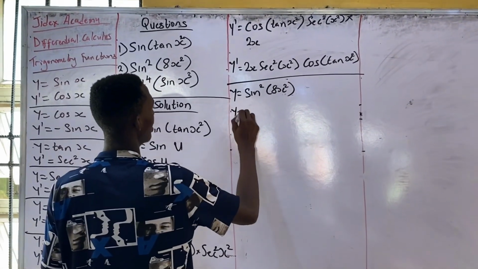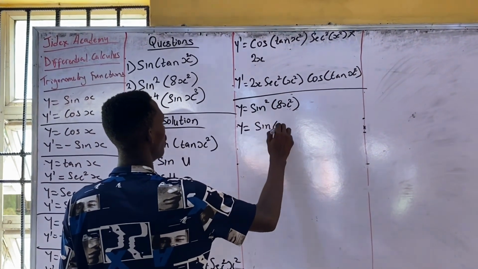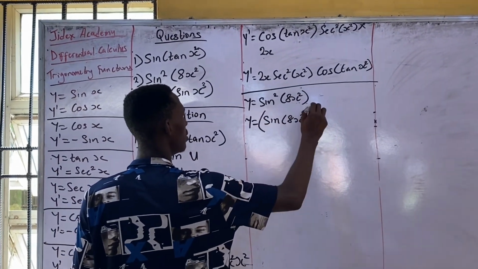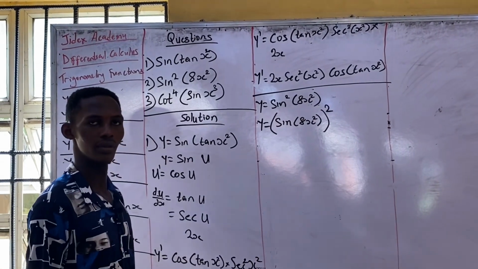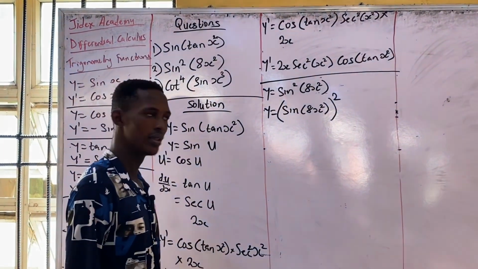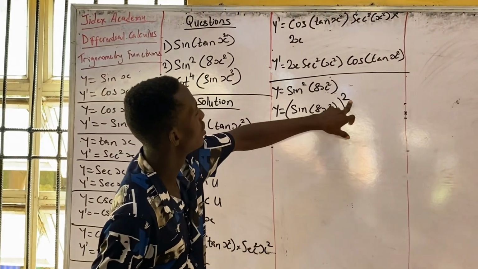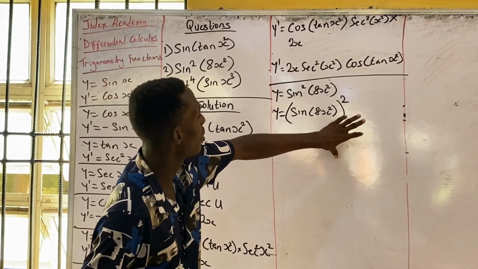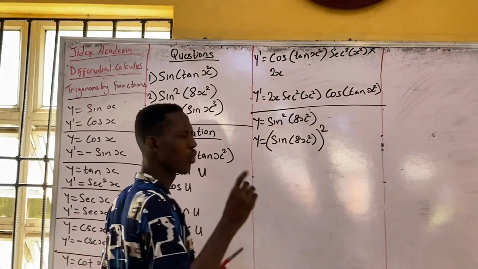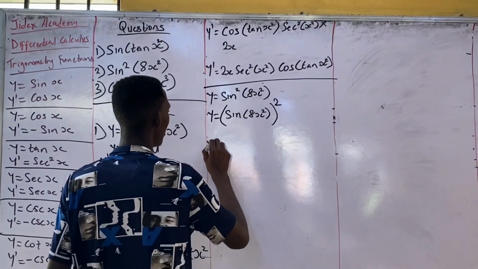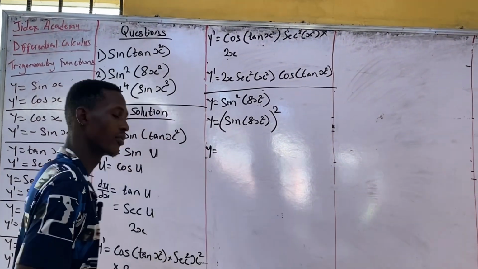You can rewrite it by saying our y is equal to sine open bracket 8x square close bracket, square. Everything. So now how do we always do this? We can also apply our chain rule or power rule here. So let's quickly solve this as fast as we can.